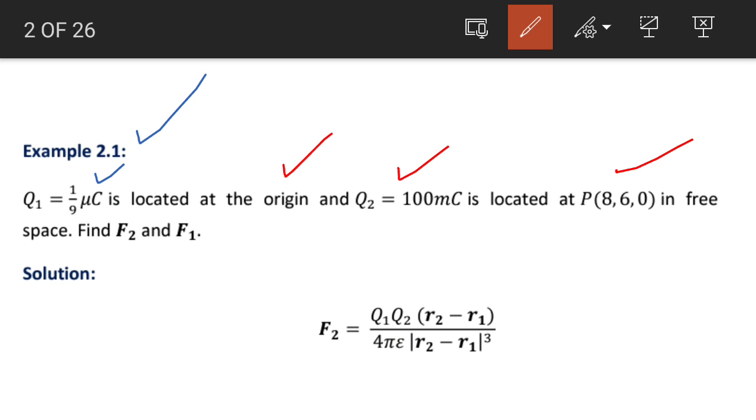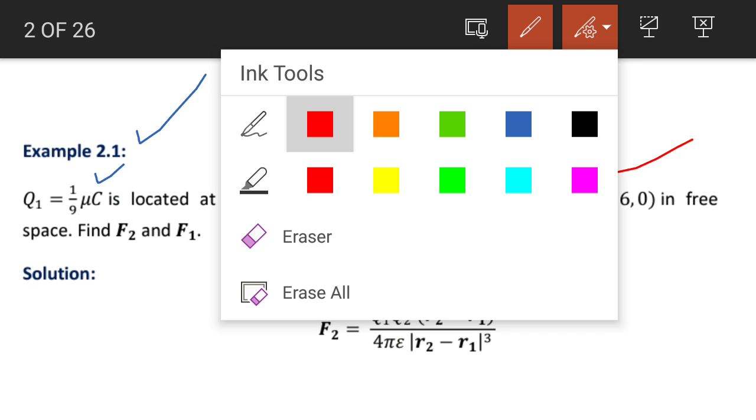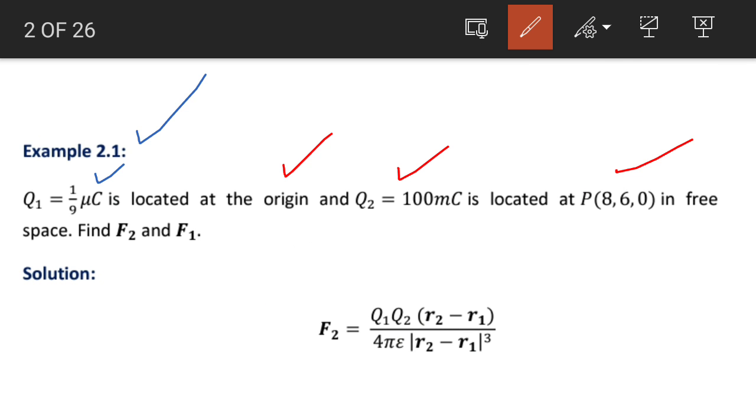The force on Q2 due to the presence of Q1 can be calculated with the help of this particular equation: Q1 Q2 into (R2 minus R1) over 4 pi epsilon naught into the magnitude of (R2 minus R1) raised to power 3.